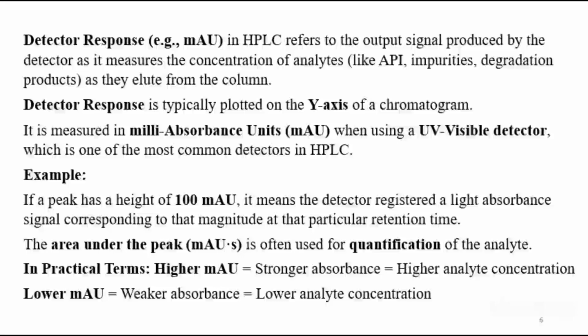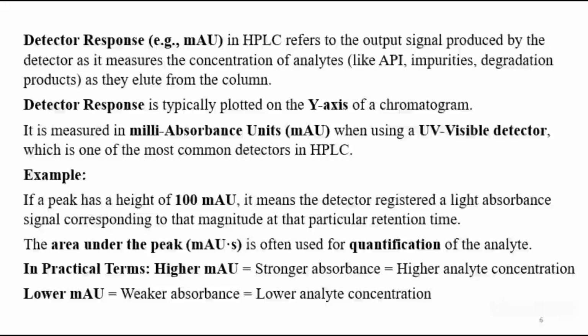Detector provides the response. Detector response is typically plotted on the y-axis of the chromatogram, and it is measured in milliabsorbance units, that is mAU, when using a UV-visible detector, which is one of the most common detectors in HPLC. Some other detectors are also there, and they provide the detector response based on that detector.